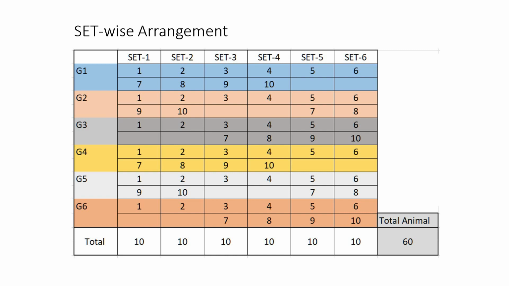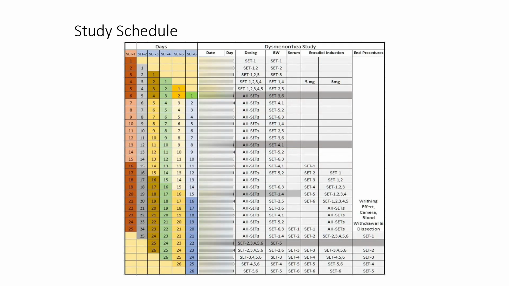Here you can see in each set there are 10 animals and a total of 60 animals, and in each group again there are 10 animals. This is the set wise arrangement that you have to follow. For the study schedule, you can see I have designed the whole study schedule here.